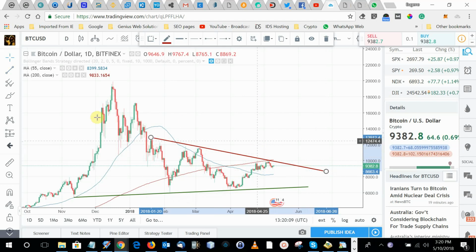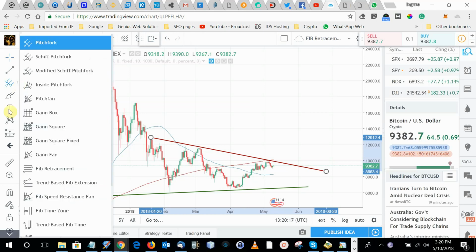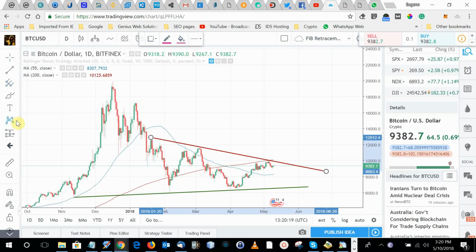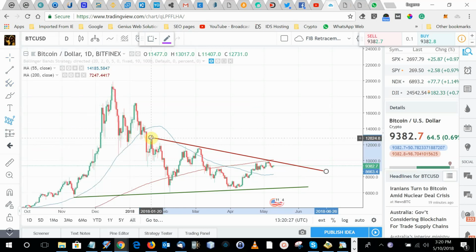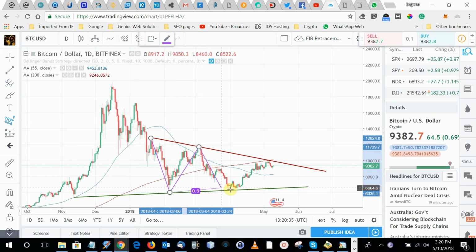I have shown this method before in one of the previous videos, but what I want to do now is go and get a 3 drives pattern. So if we take this from there, we've got our entry point, we've got our dip.